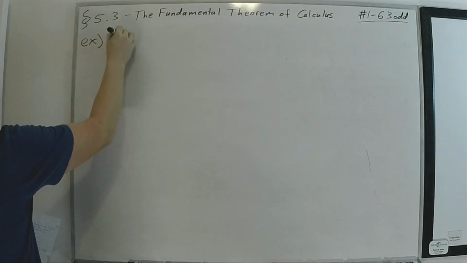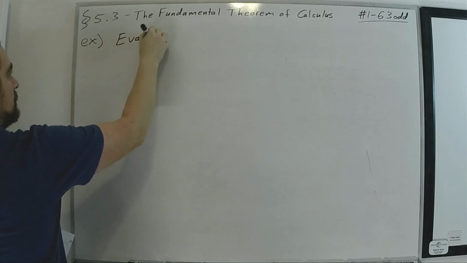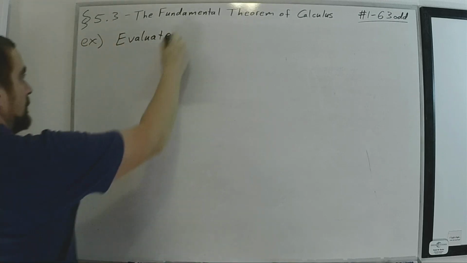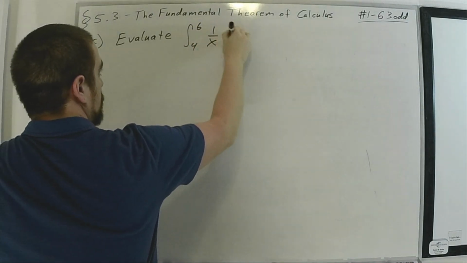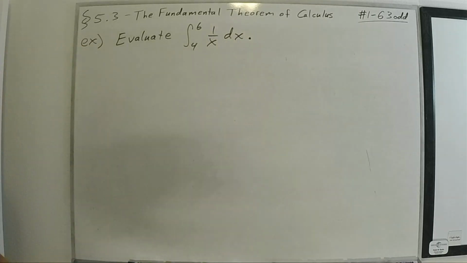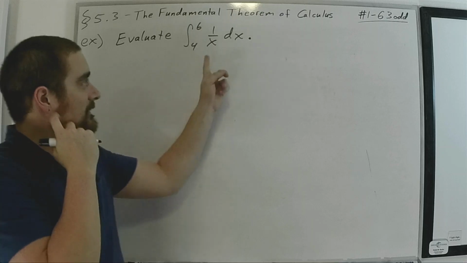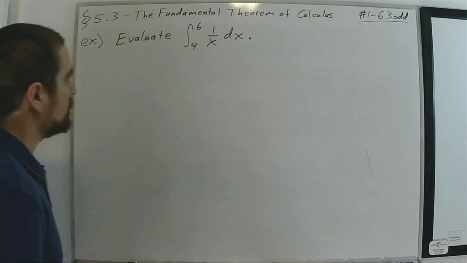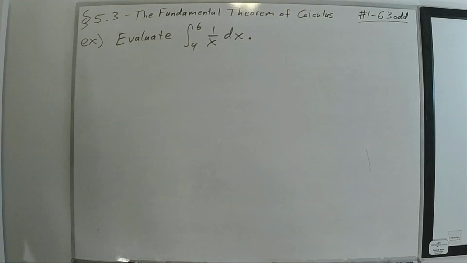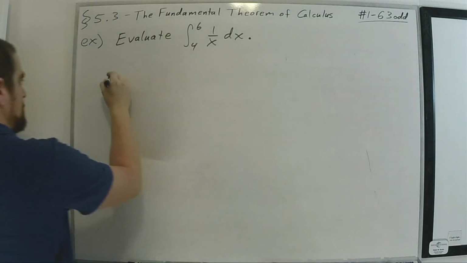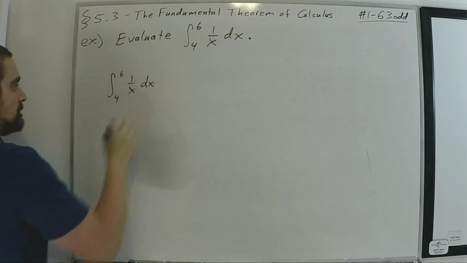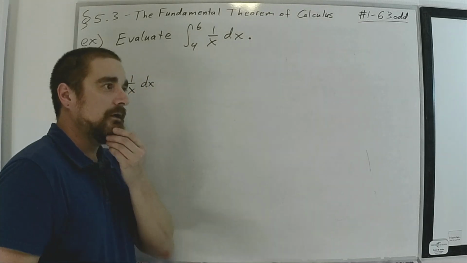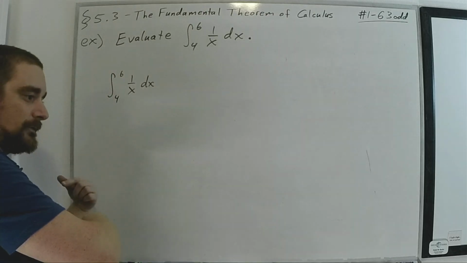All right, let's use this a little bit further. Let's say we want to evaluate the integral from 4 to 6 of 1 over x dx. So again, to evaluate this definite integral, I go on part 2 of the fundamental theorem of calculus, and I say, okay, I need to find a very general antiderivative for 1 over x, which means there has to be some sort of function I know such that when I differentiate it, I get 1 over x.